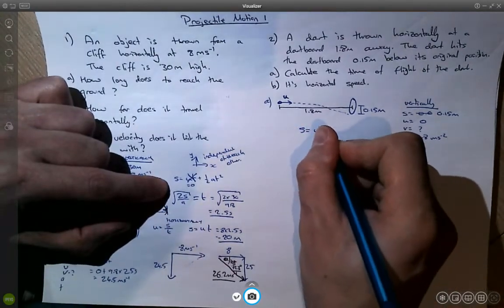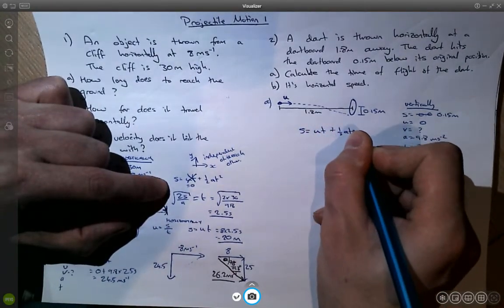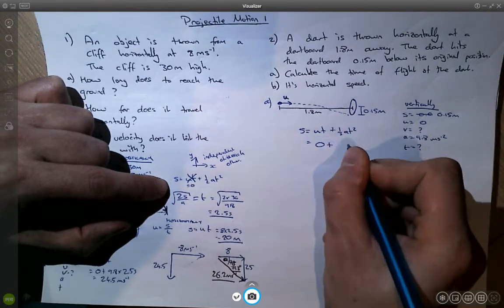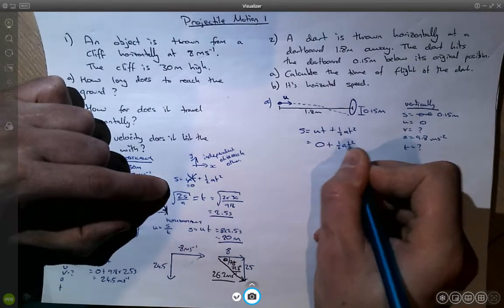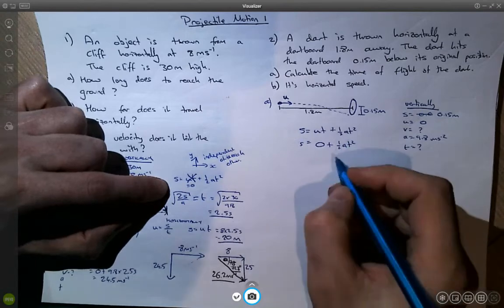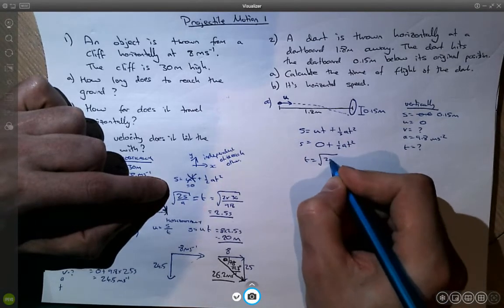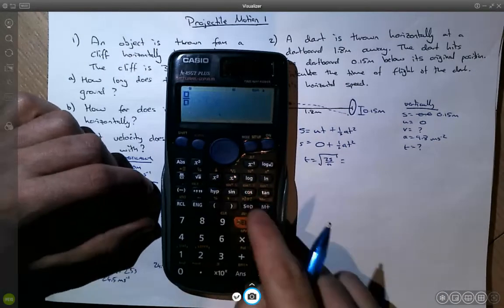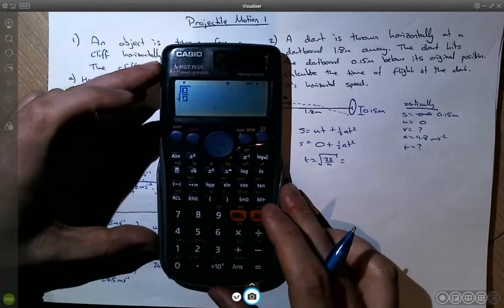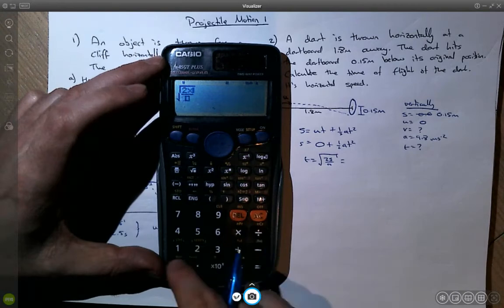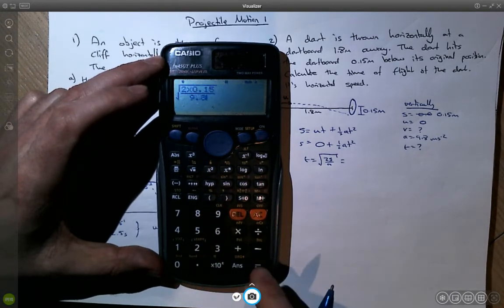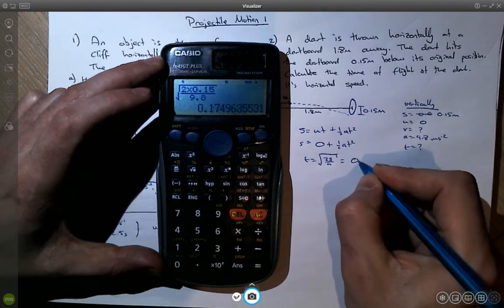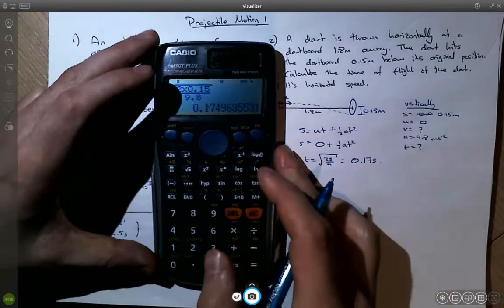S is ut plus half at squared. 0 plus half at squared because u is 0. So our time is the square root of 2s over a. So the square root of 2 times 0.15 over 9.8, which is 0.17 seconds.